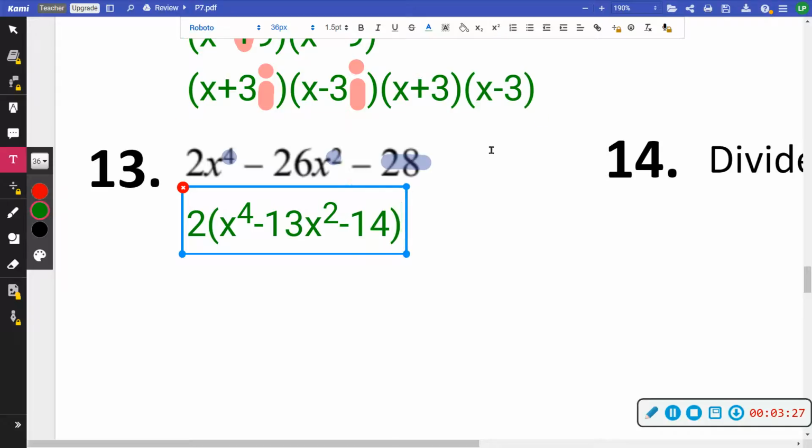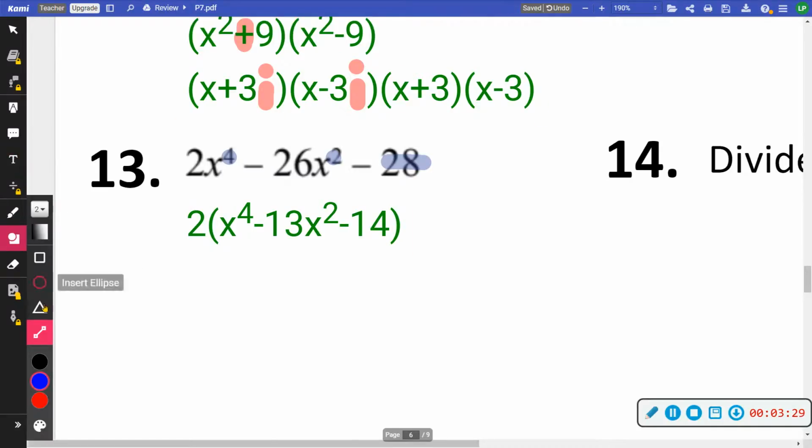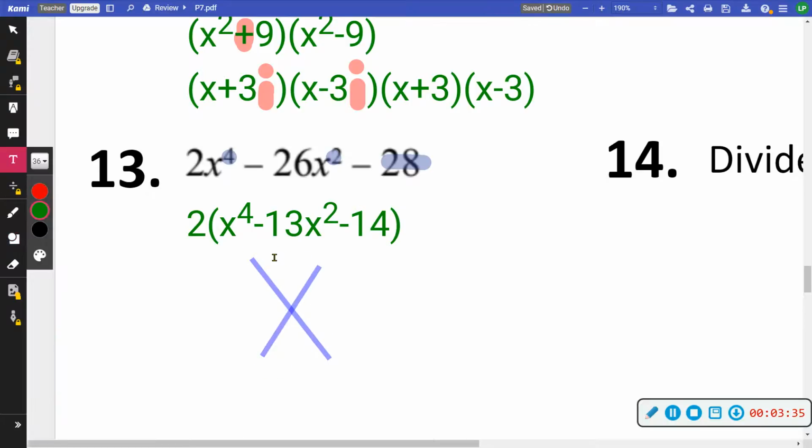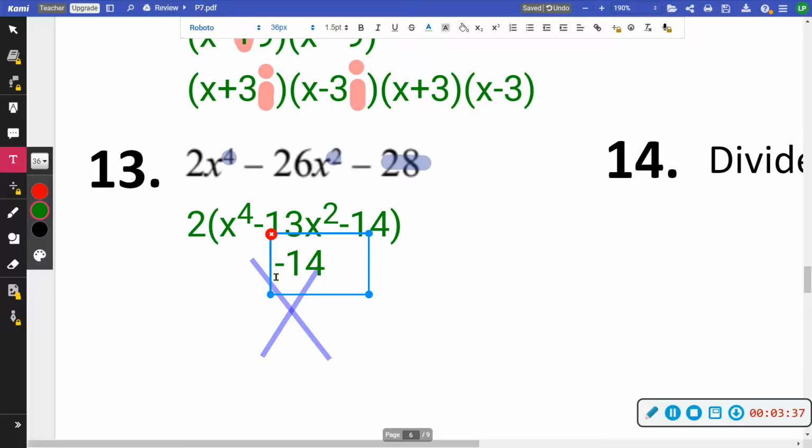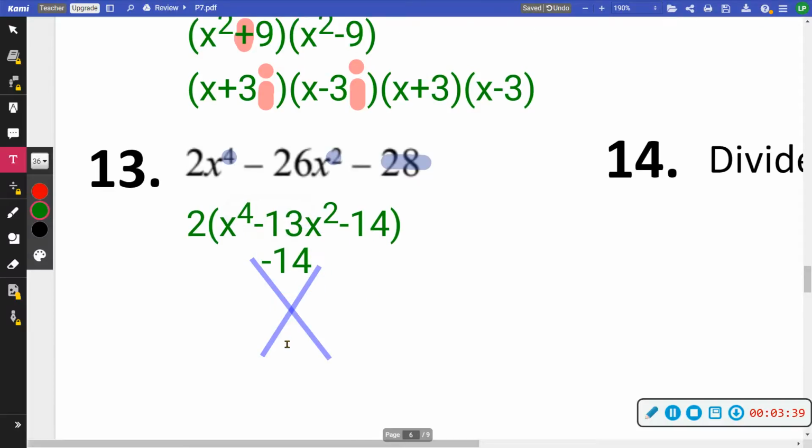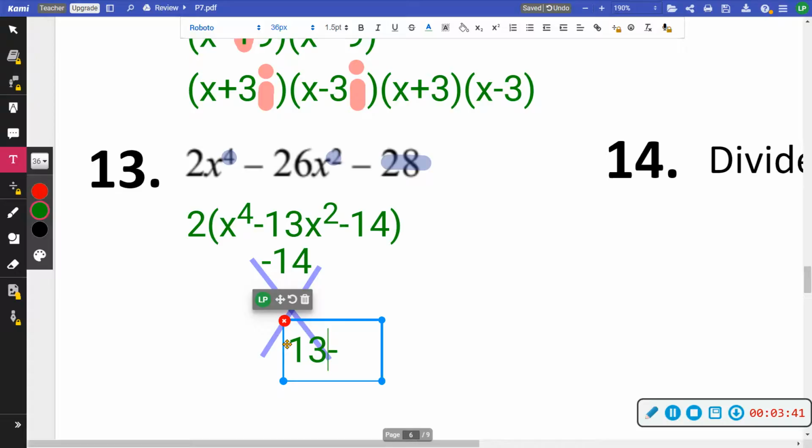All right. And then from here, this is when you'd make your little x's. And you're trying to find two numbers that multiply to negative 14, but add to negative 13. And so what multiplies to negative 14 and adds to negative 13?